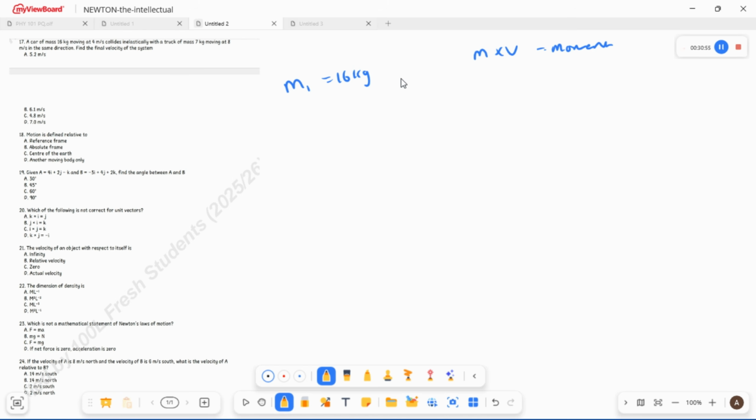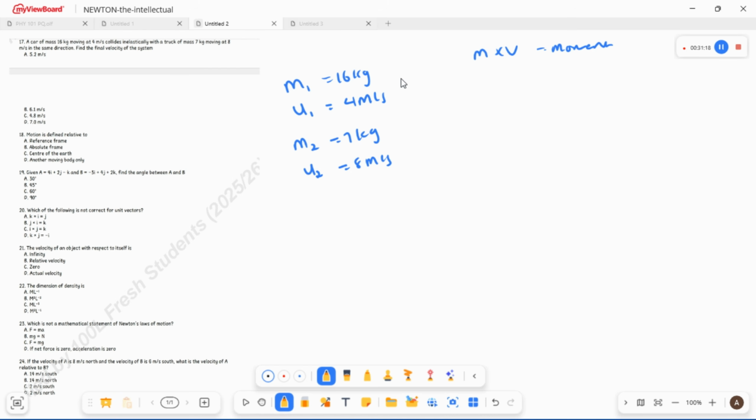So initial velocity U1 is going to be 4 meter per second. It collides inelastically with a truck of mass 7 kg, the second body, moving at 8 meter per second. So the initial velocity of the second body is 8 meter per second.